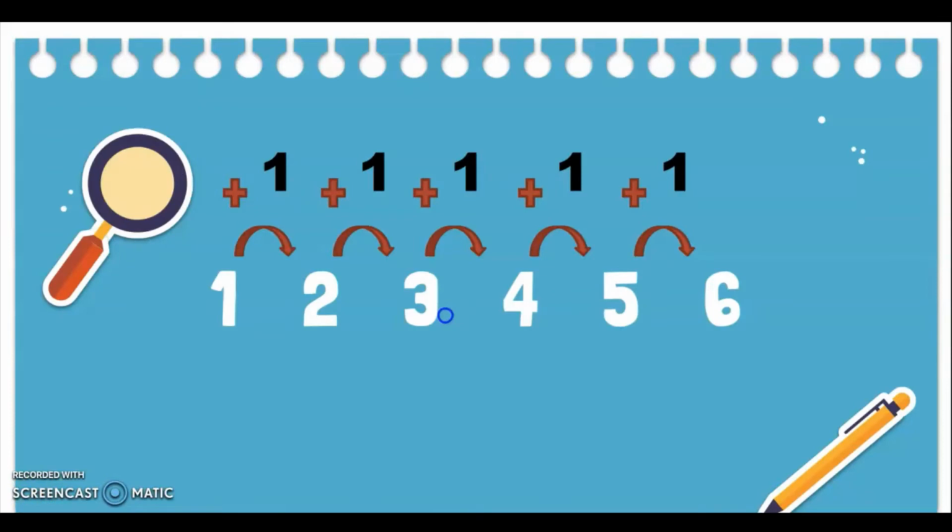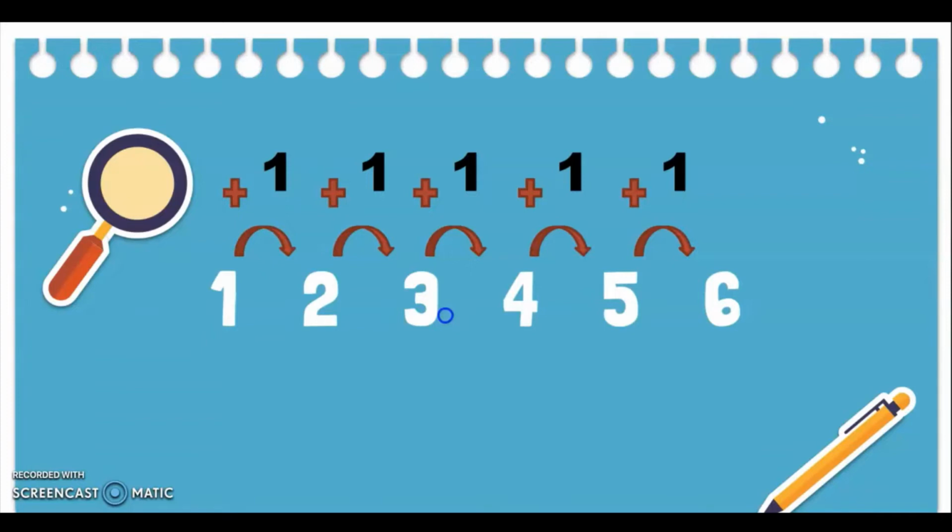We have another pattern here. Instead of shapes, we have numbers. In this pattern, the first thing we need to do is find out what makes this a pattern. Look at each of the numbers and see if you can see a pattern.